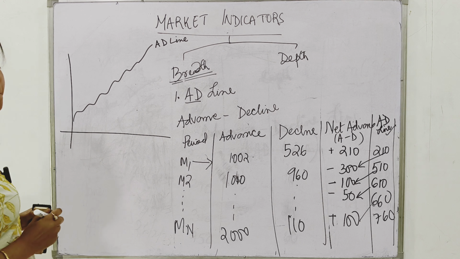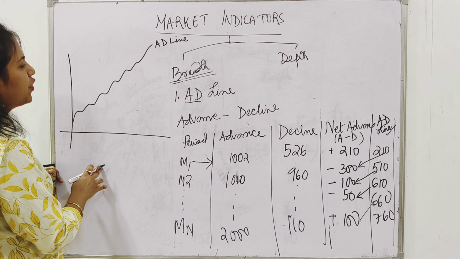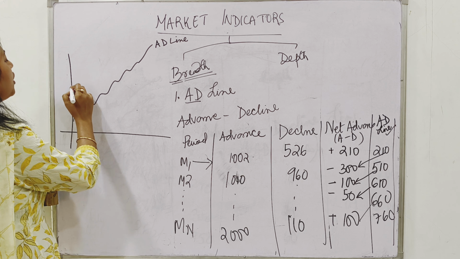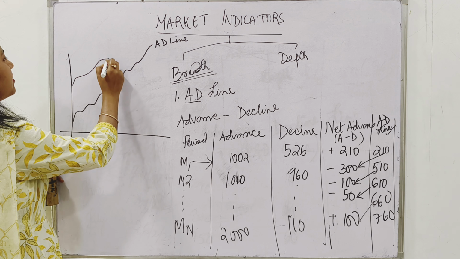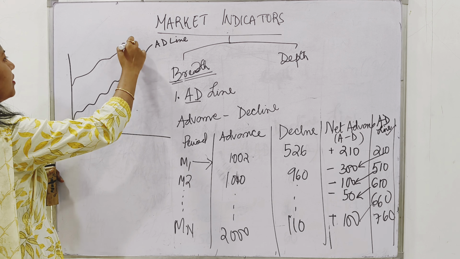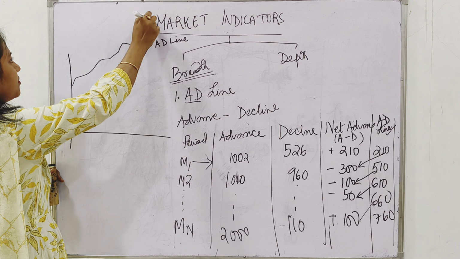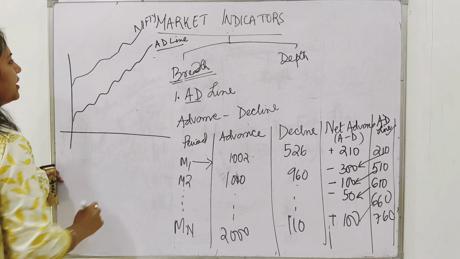However, it could be that your Nifty, if you plot it, is also like this. So this is your Nifty, and this is your AD line.